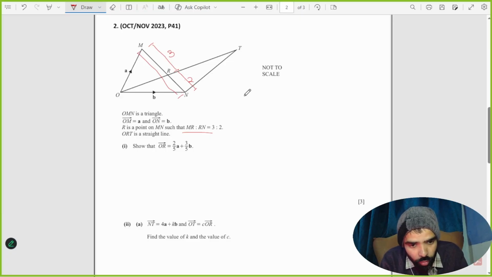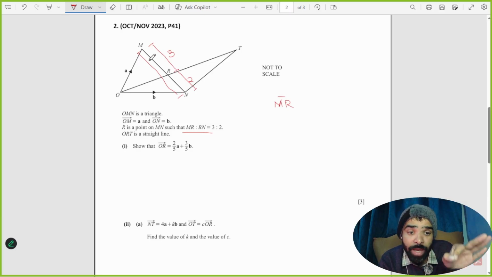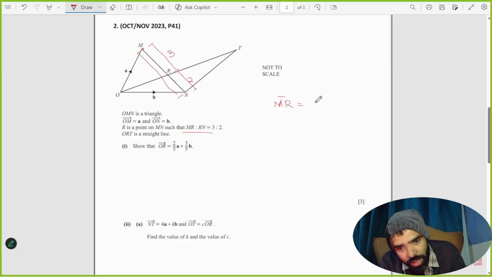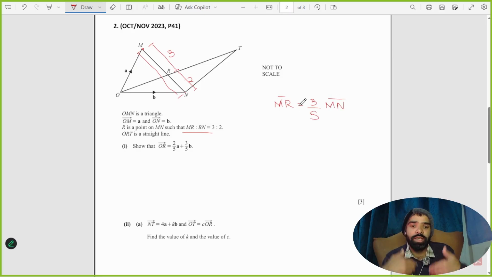So MR is how much of total MN? MN is the whole line, which divides into ratio 3 to 2. It means MR is 3 over 5th of the total MN, and 2 over 5th of the total MN is RN.